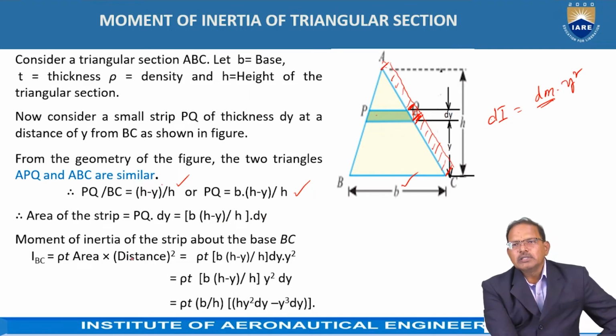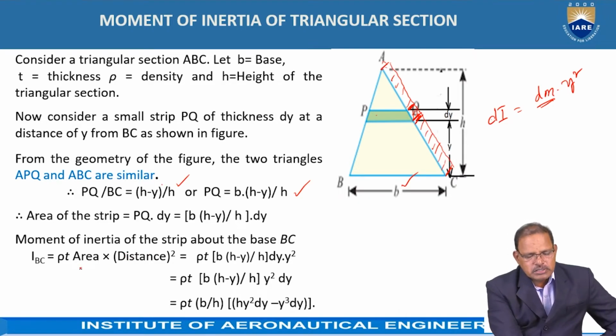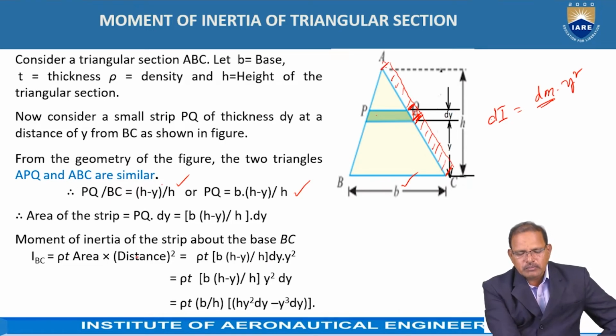In order to get the mass, it should be multiplied by the thickness, that gives the volume, and multiplied by the density, that gives the mass. That means we multiply the area by rho and t. This is equal to rho t b by h (h minus y) dy, and to get the mass moment of inertia it is multiplied by the square of the distance, y squared.